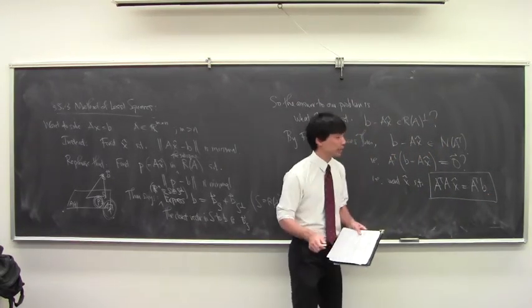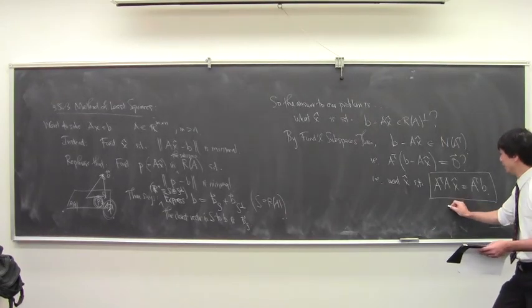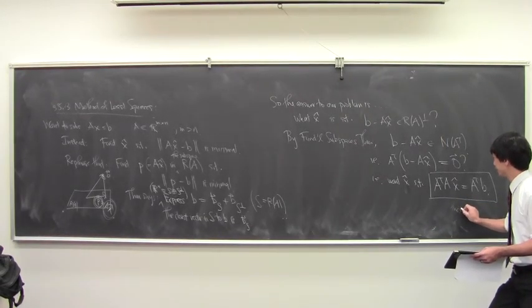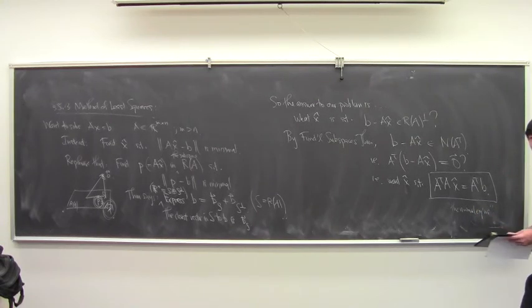This is the ultimate reduction of our problem to something called the normal equations. So our problem of finding the solution that minimizes our error boils down to solving this problem.